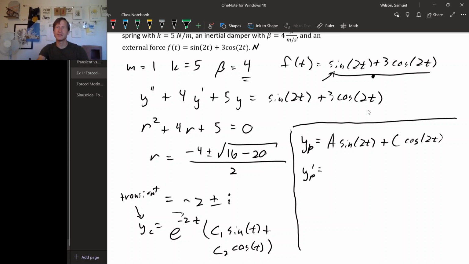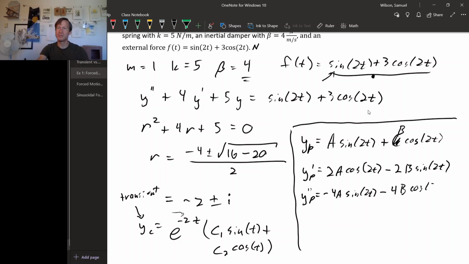First derivative is 2a cosine 2t minus 2, for some reason I called this c, let's call that b instead, 2b times sine of 2t. y double prime sub p is minus 4a sine of 2t minus 4b cosine 2t.